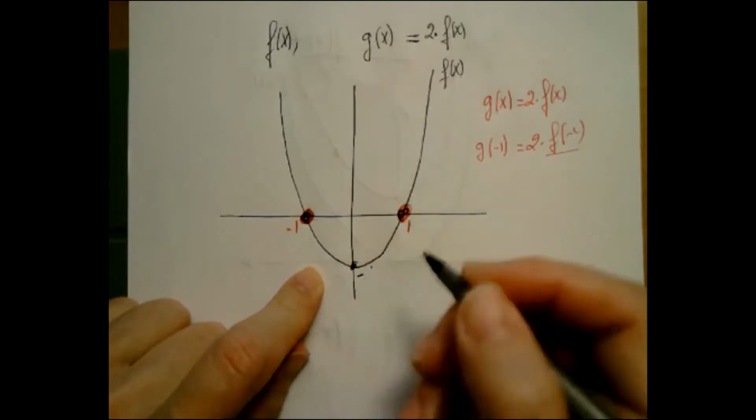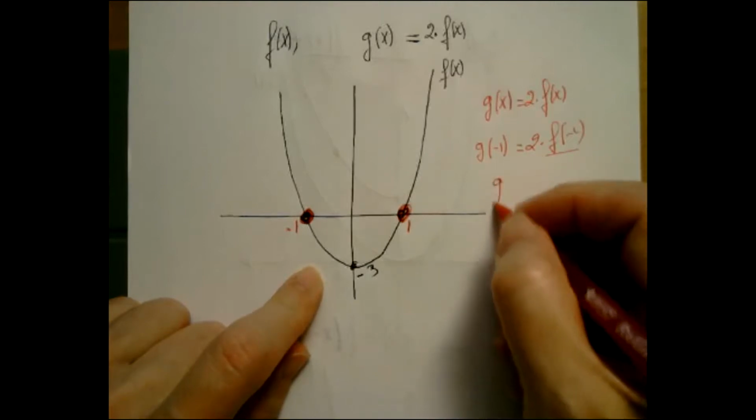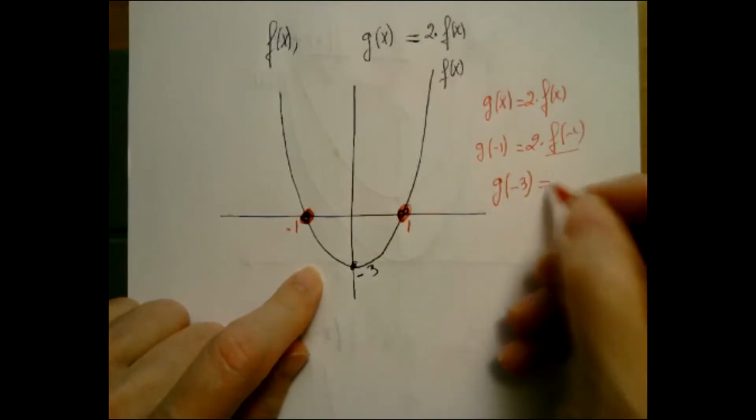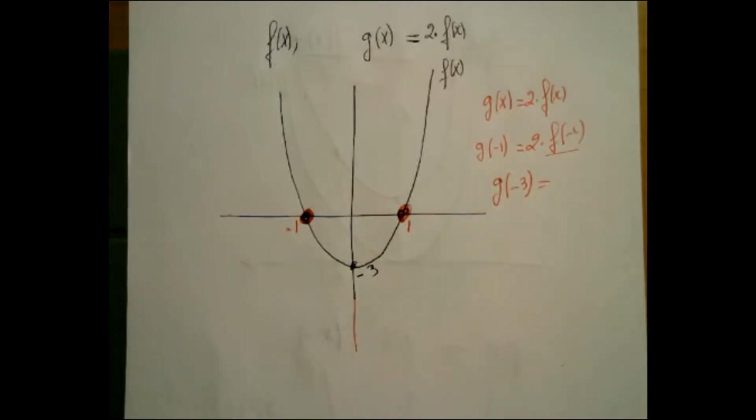Now let me give this a number, for example minus 3. What does g do at 0? I want a quick answer on chat.